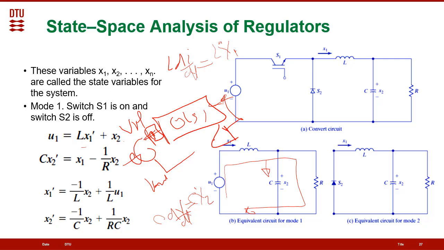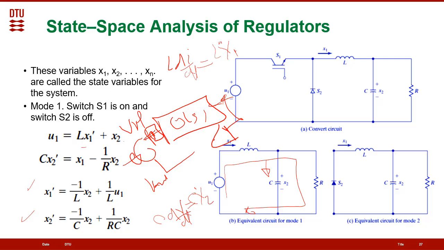So C x2 dot will equal x1, the current in the inductor, minus x2 over R, because the current in the resistor is the voltage over R, and we have specified that the voltage is x2, so it's minus x2 over R. What we can see here is that we can rearrange these two differential equations to make x1 dot here and x2 dot here.